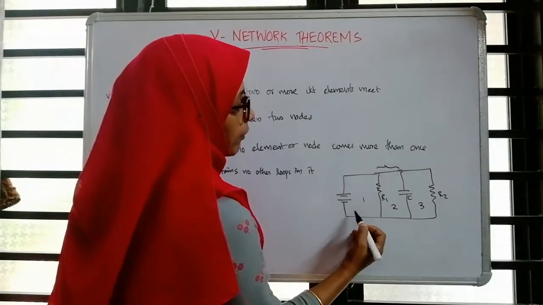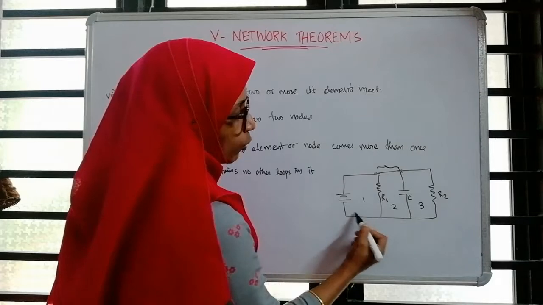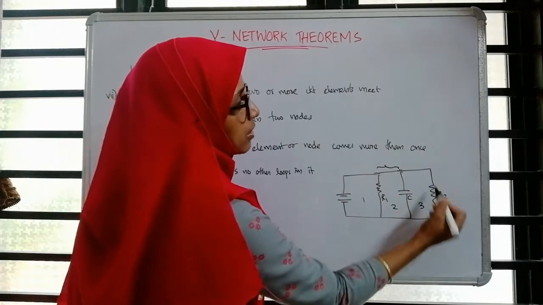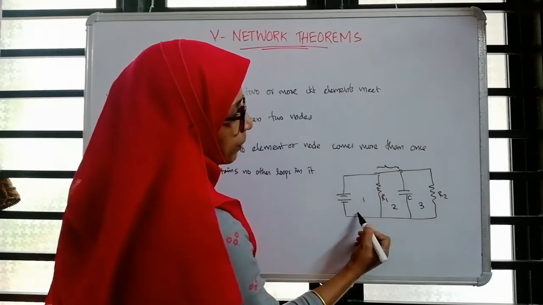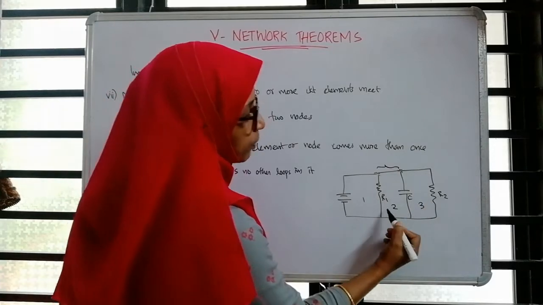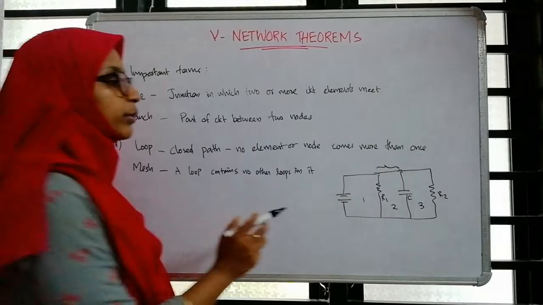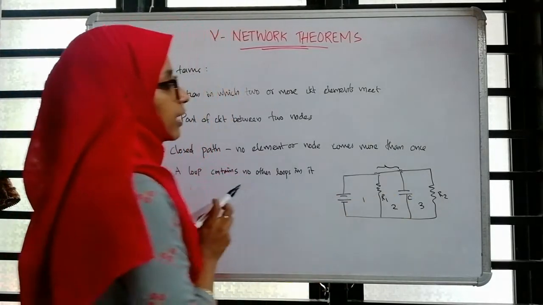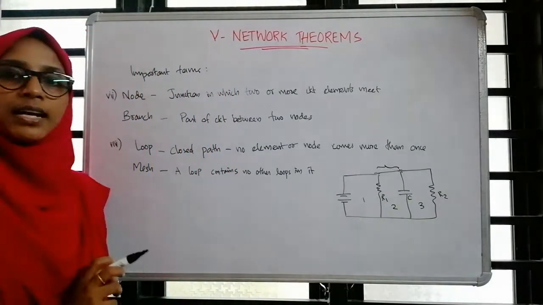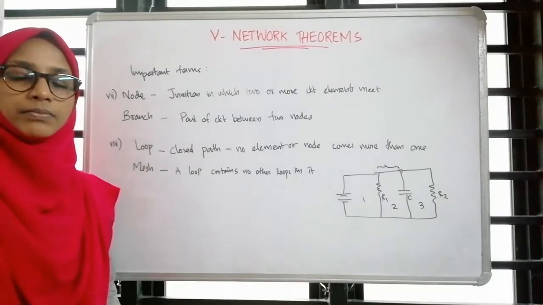And here when we consider the loops, it is a loop and this is a loop and this is a loop and this is a loop and this is a loop and the whole circuit is also a loop. So altogether we can consider there are 6 loops, but there are only 3 meshes.